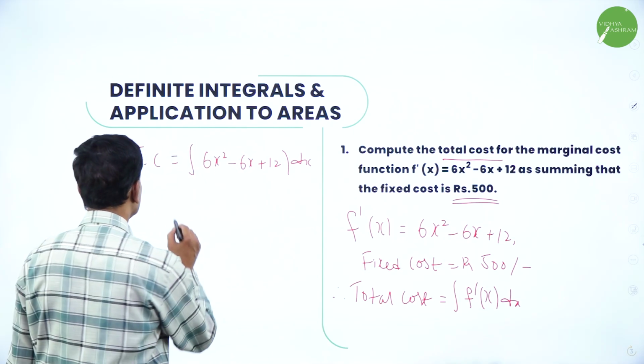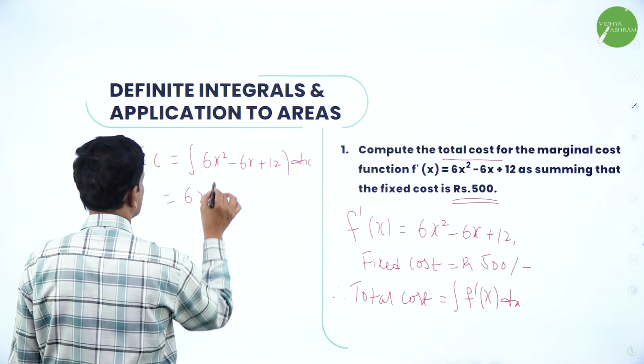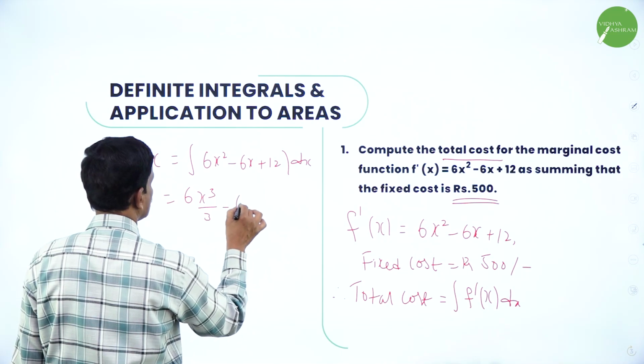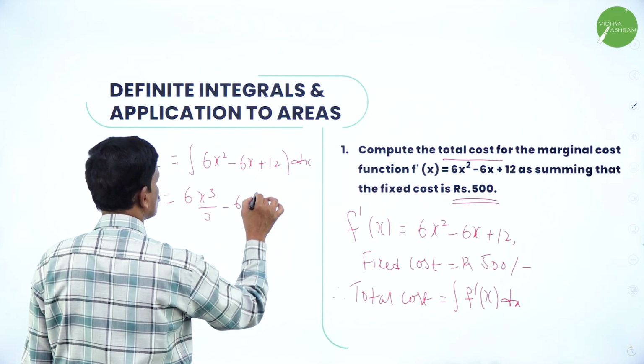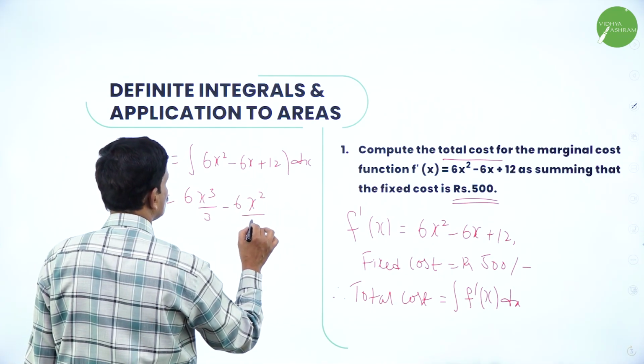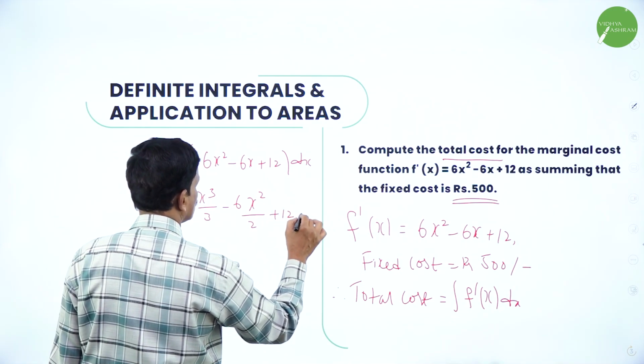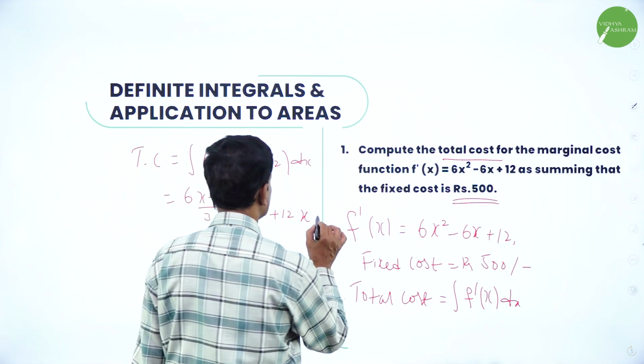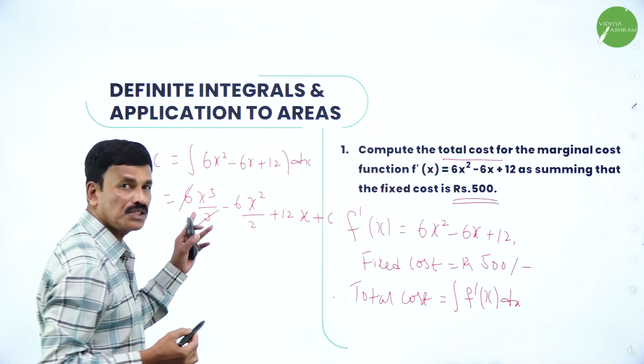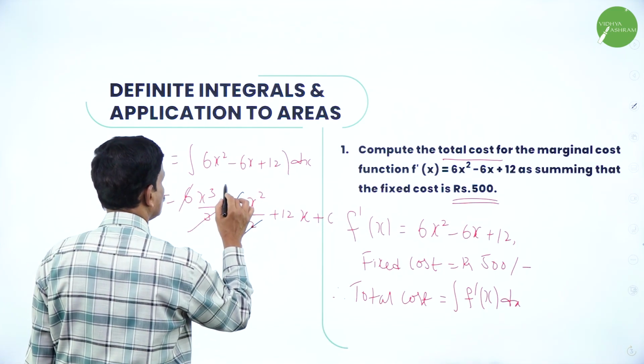Now integrate it. The integral of x square is x cube by 3, minus 6 into the integration of x to the power of 1, which is 1 plus 1 is 2, divided by 2, plus 12 into the integration of dx, which is x plus c. Therefore, the 3 and 2 get cancelled, the 2 and 3 get cancelled.